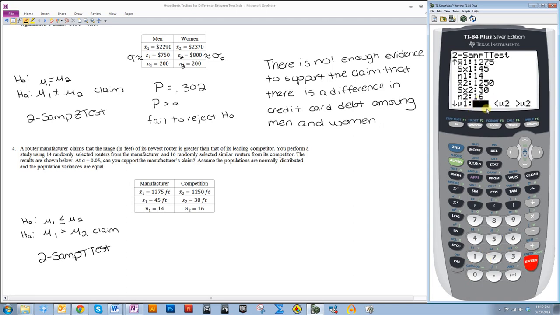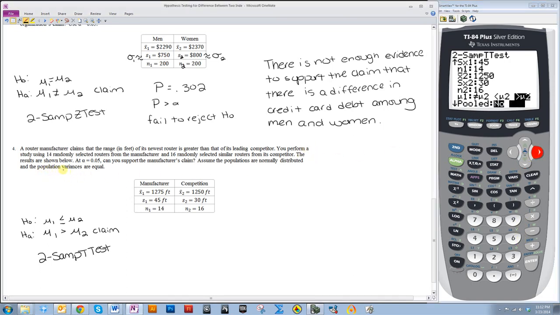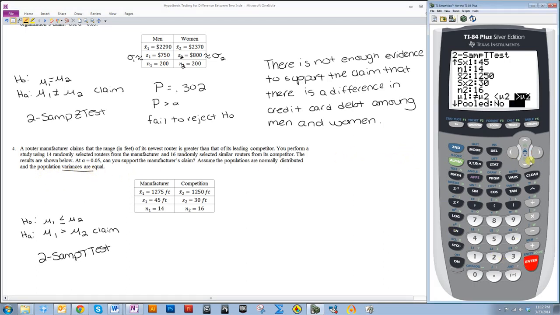We want to make sure we highlight whatever the alternative hypothesis is. In this example, it's greater than, so I need to highlight the greater than symbol. Pooled is yes, because the variances are equal. Then calculate. The value I'm looking for is that P right there.